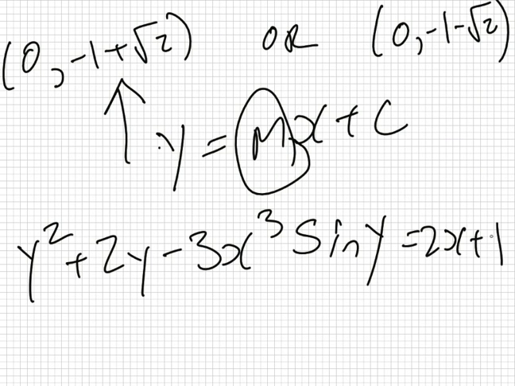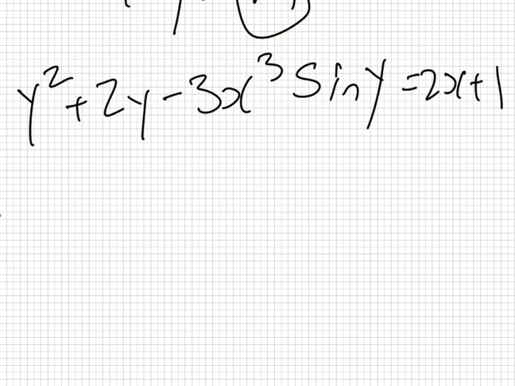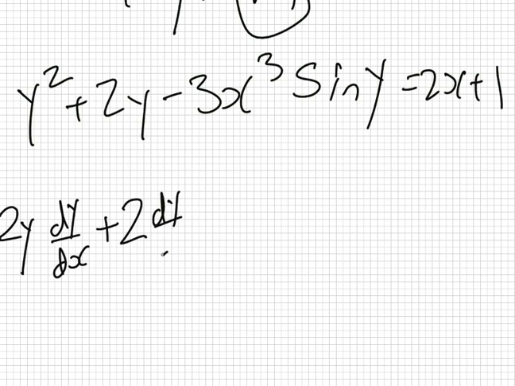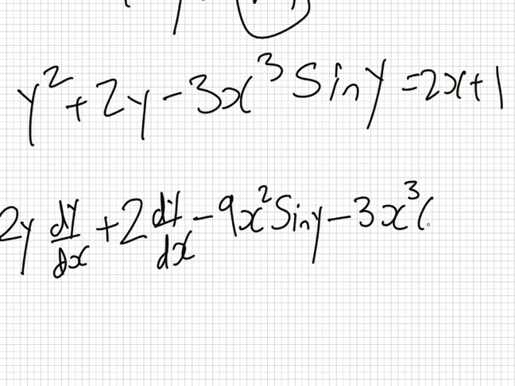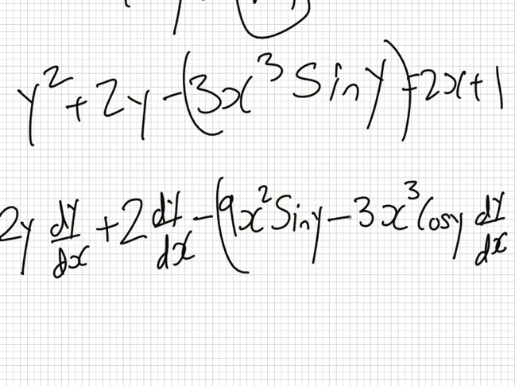So what's the first one going to be? 2y dy dx plus 2 dy dx minus 9x squared sine y minus 3x cubed cos y dy dx. Minus here, because it's like this. If you prefer, you can write it like that with brackets. Equals 2.